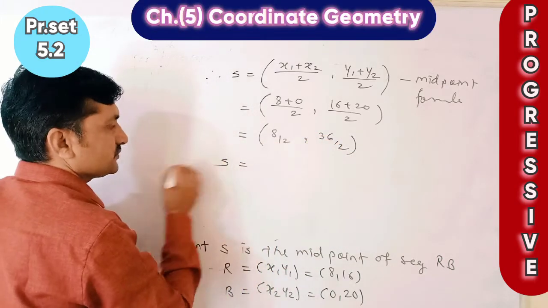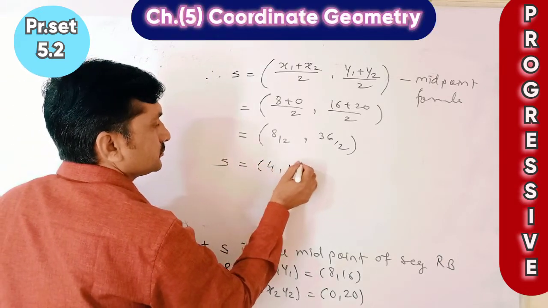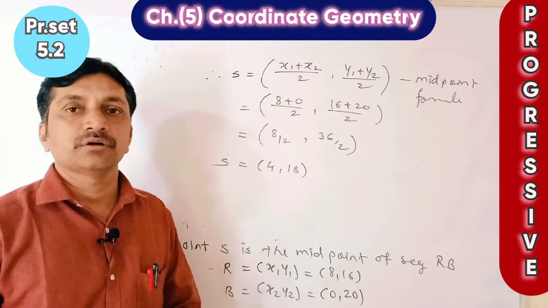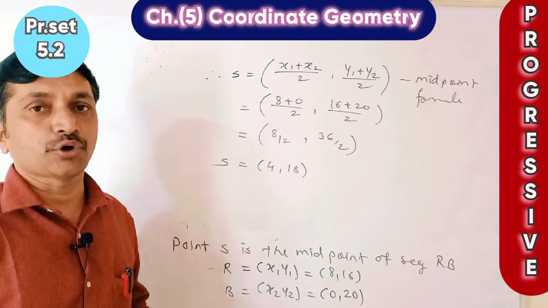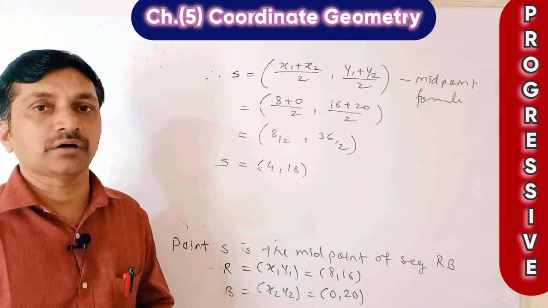Therefore the coordinates of point S are (4, 18). Now in this way, we got the coordinates of all 4 points P, Q, R and S.